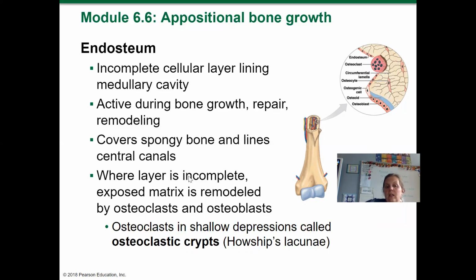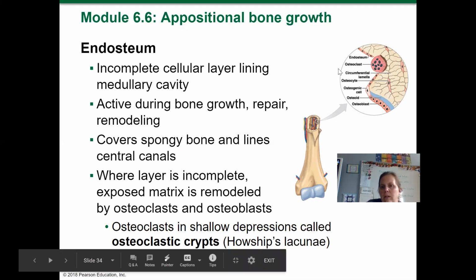This is remodeling. When we talk about remodeling, we talk about the osteoclasts and osteoblasts. Here you have some osteoblasts and osteoclasts. The osteoclasts, as the diagram shows, are in these crypts, these depressions, where they start to break down the bone, and then osteoblasts build it back.